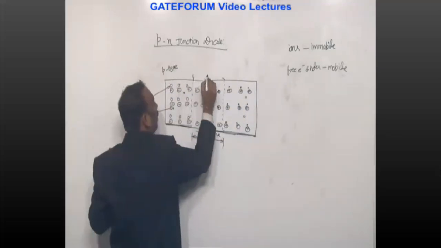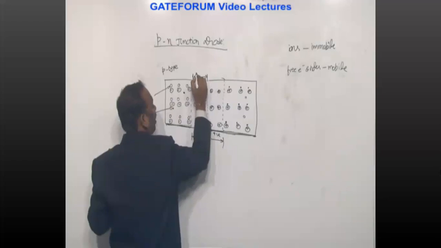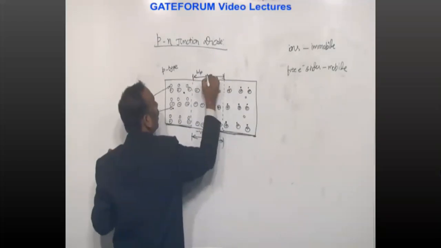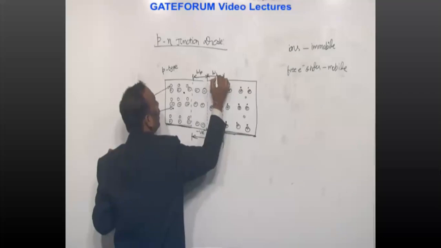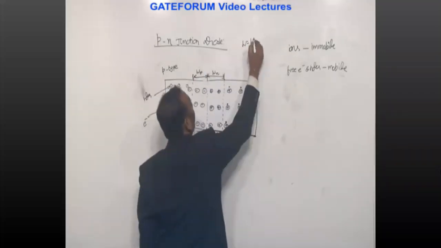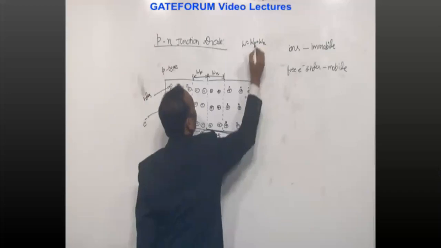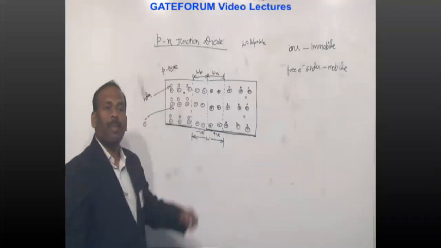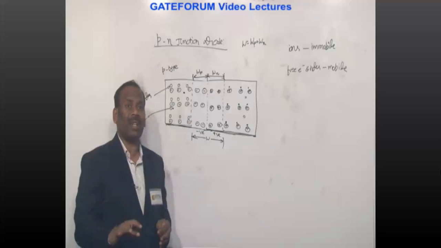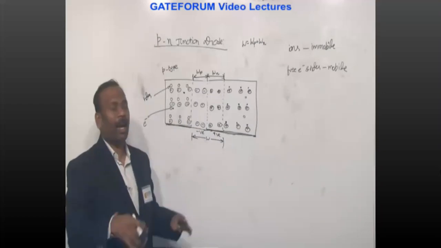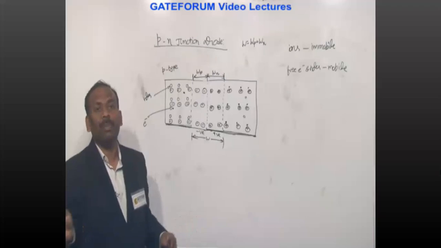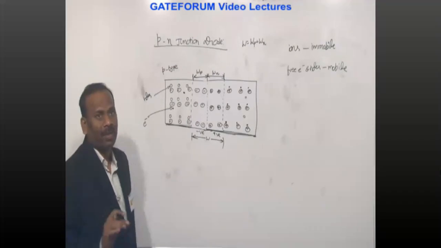This is called the width of the depletion layer in the p-type semiconductor. This is called the width of the depletion layer in the n-type semiconductor. Therefore, W equals the summation of the width of the depletion layer in P and N, W = WP + WN. Whether WP and WN are similar or not, we'll see later. After completing this part we'll see whether they are similar or depend on some other parameter.